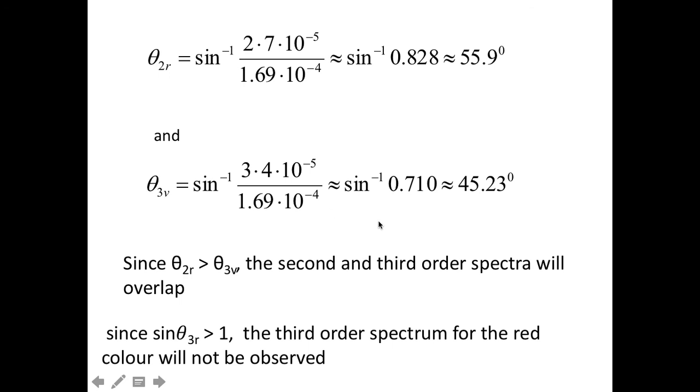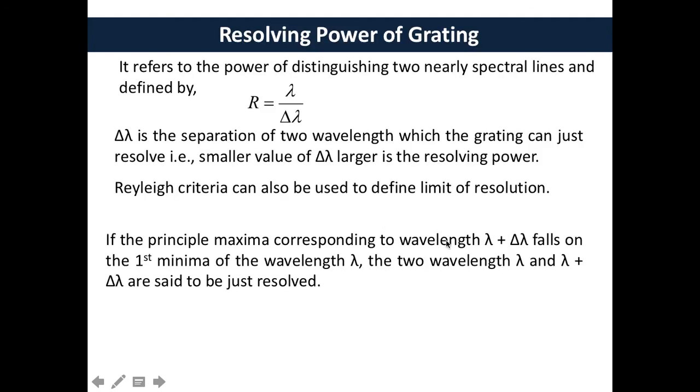Okay, so next is resolving power of grating. The resolving power of grating refers to the power of distinguishing two nearly spectral lines, which is defined by lambda upon delta lambda.